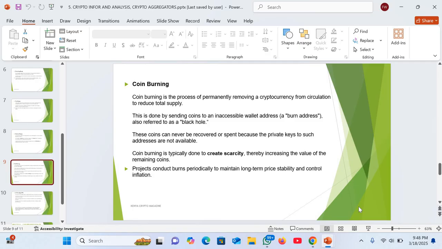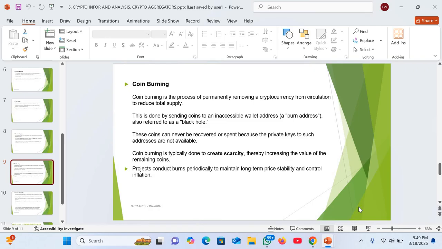So what developers usually do is transfer the circulating supply of these coins to a certain address, what we call a ban address, and remove them completely from the ecosystem. And by reducing the supply of that coin, the coin, or rather the token, increases in value.